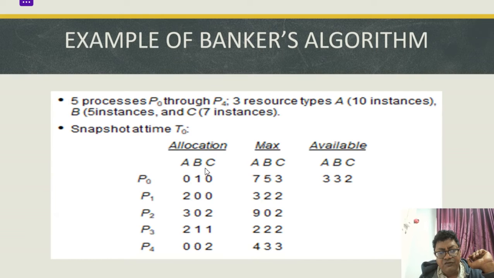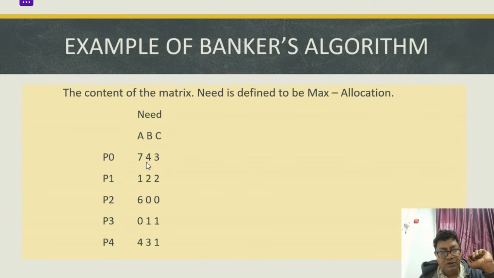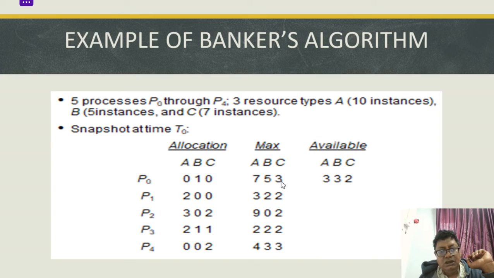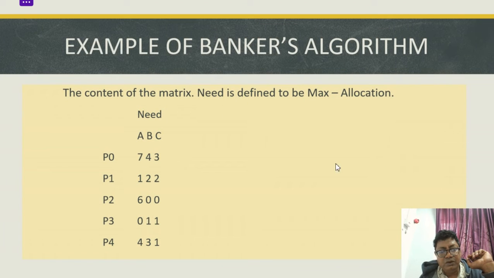Similarly, for resource B, the maximum requirement is 5 and 1 is already allocated, so 5 minus 1 is 4. Here we write down the 4. Similarly, for C, 3 is required and nothing is allocated, so 3 minus 0, the need of P0 is 3. In that way, we write down 743.